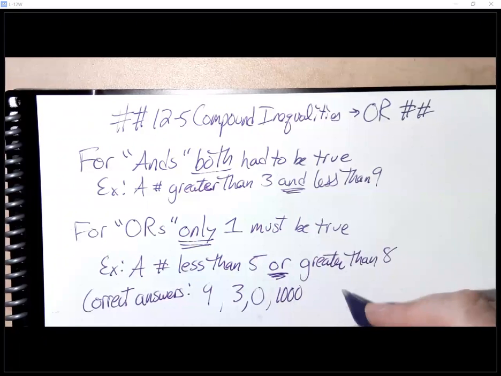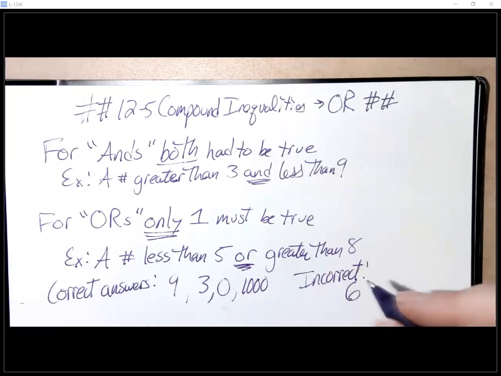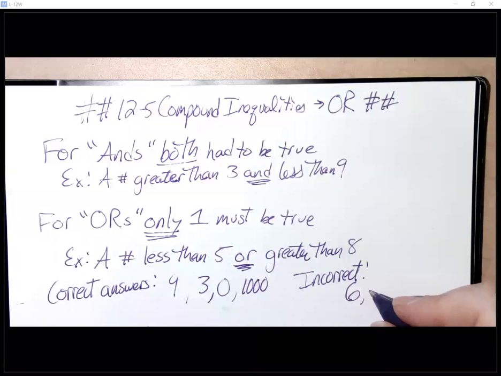Let's just do a couple that would not. I said no to 6, right? Because 6 doesn't fit either of these. 6 is not less than 5 and it's not greater than 8. So 6 would not work. Give me another one that would not work. Right. 7 would not work.